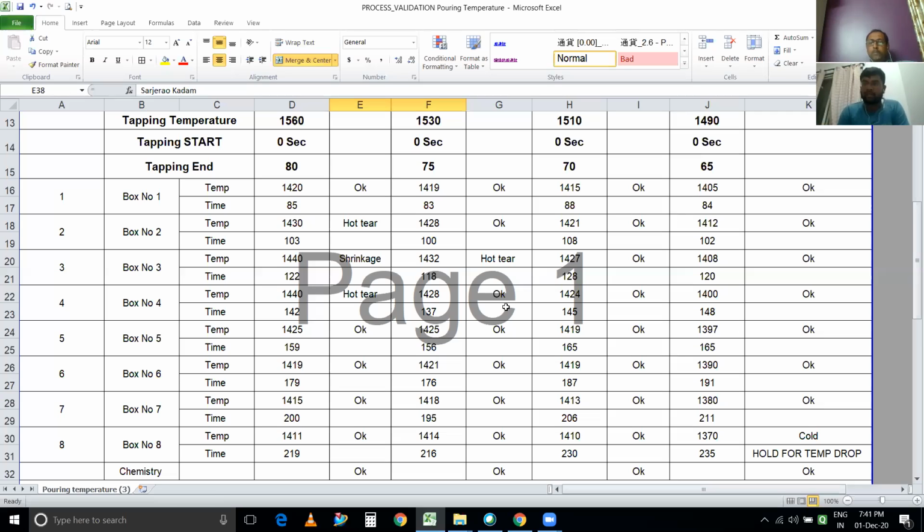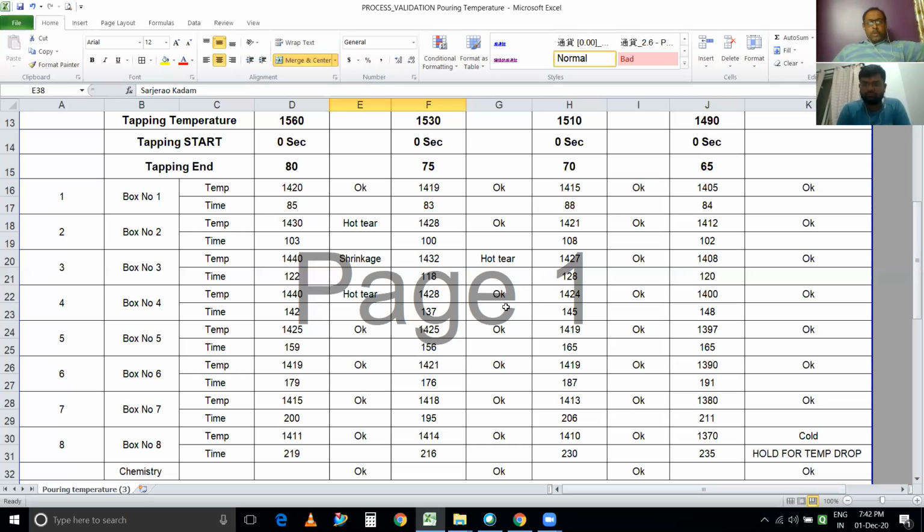A third person can think that I can save energy by reducing the temperature because the temperature drop is less. So according to plant, person, and management, the perspectives are going to be different after the validation data. You have to choose the parameter of optimization you are going to work on, but the data is gathered based on the validation. We're talking about numbers and data.